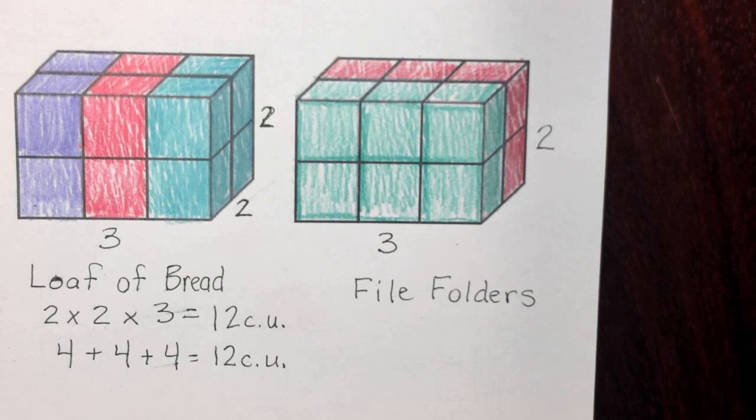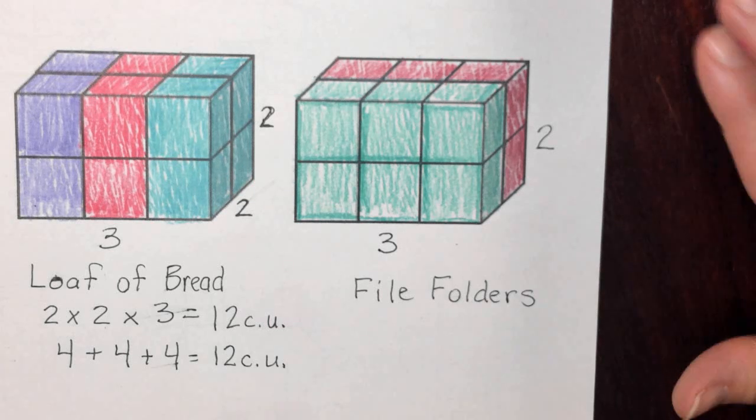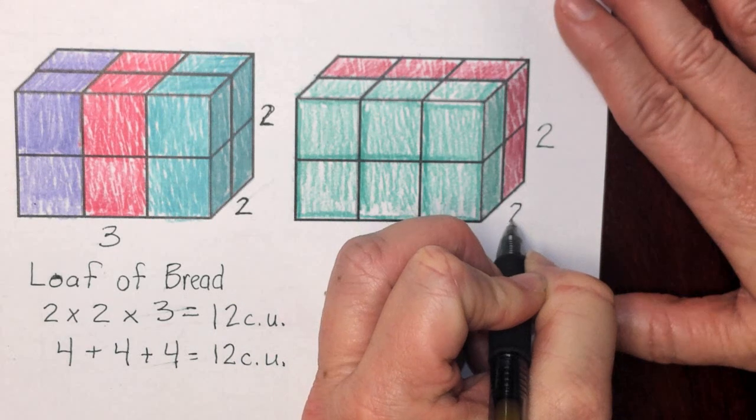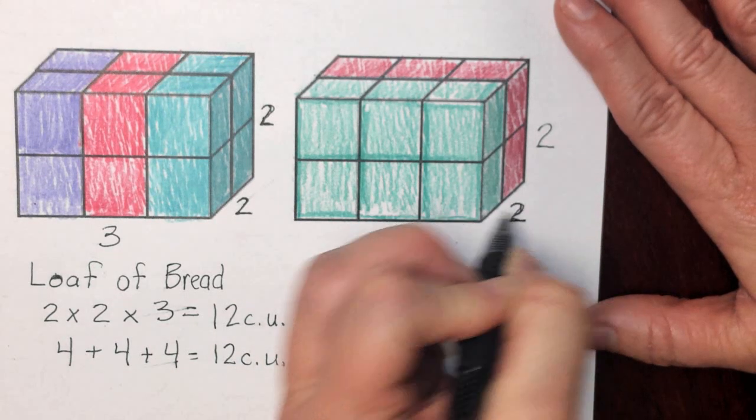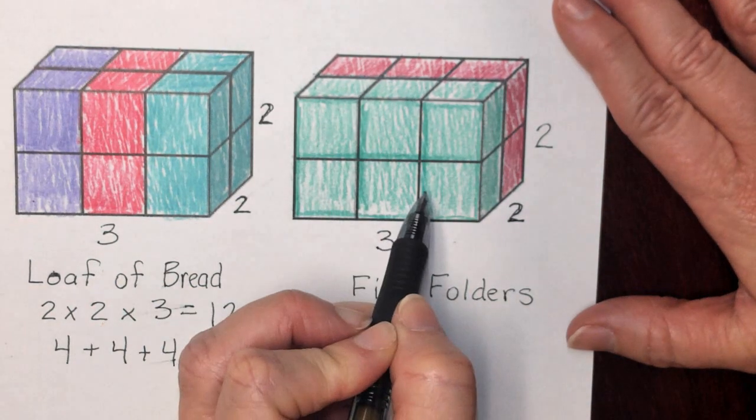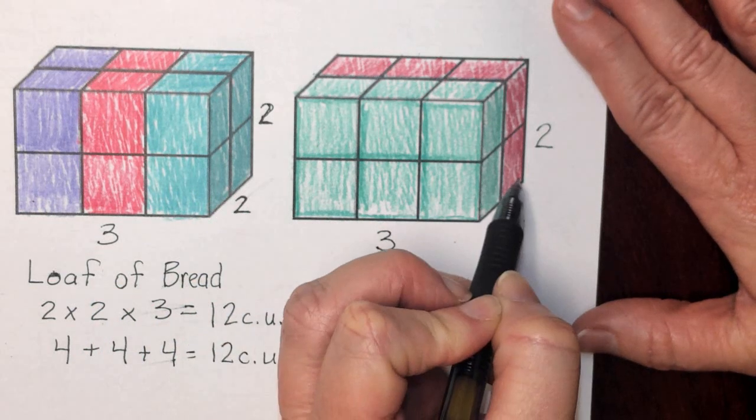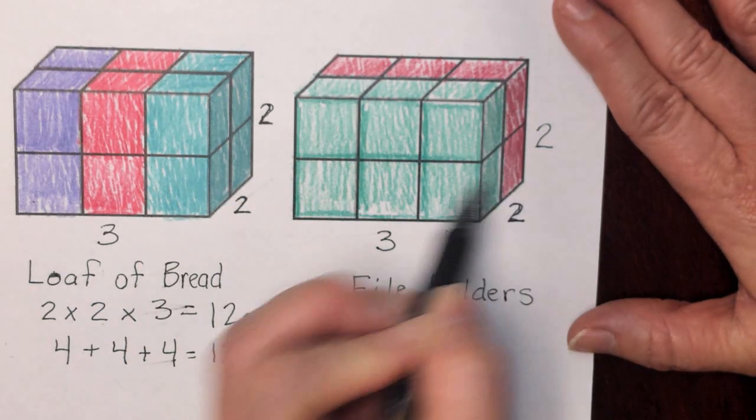So if we've added one more color, then we have 2 layers of 6. Do you see that? And I'm going to add that dimension right here, because we had 1 layer of 6 in the green, we now have another layer of 6 in the red.